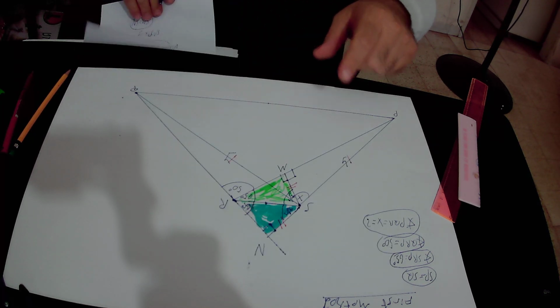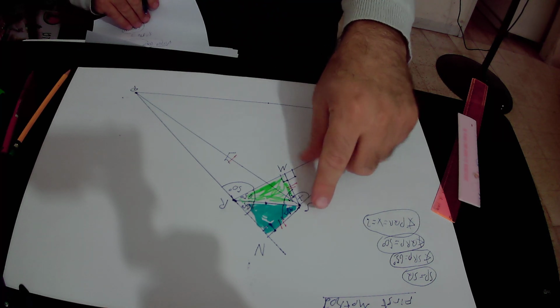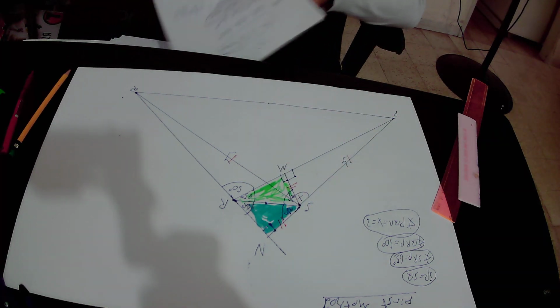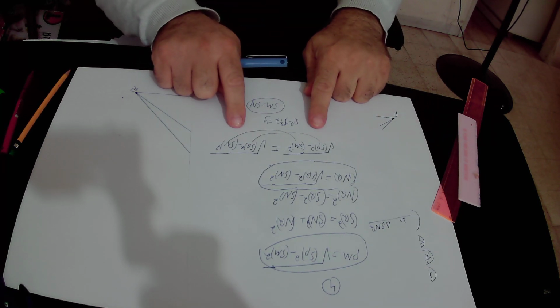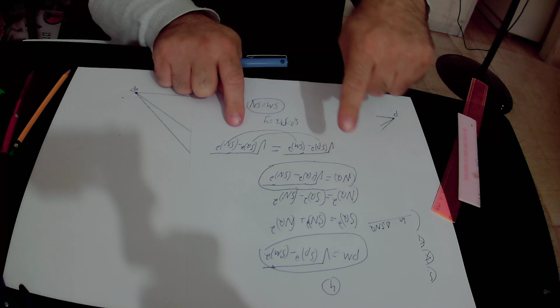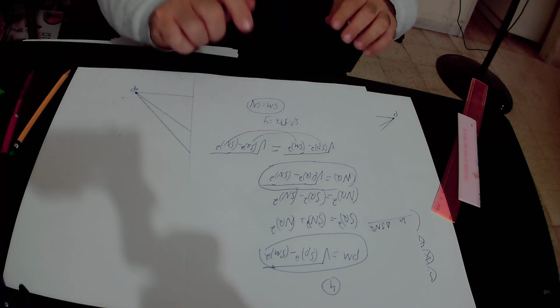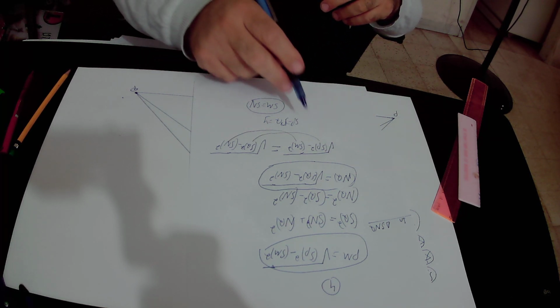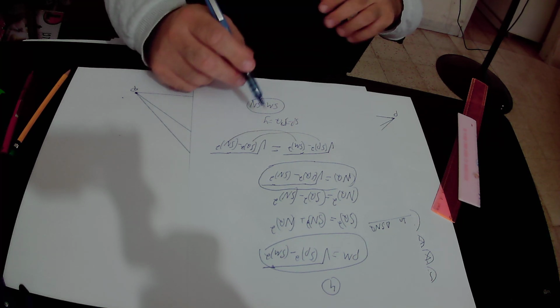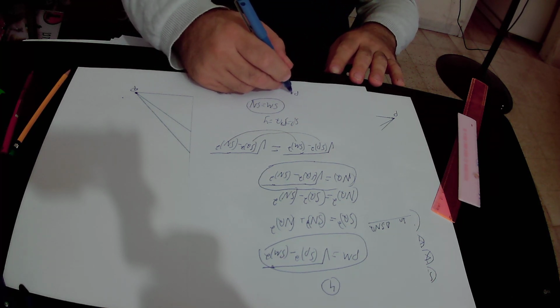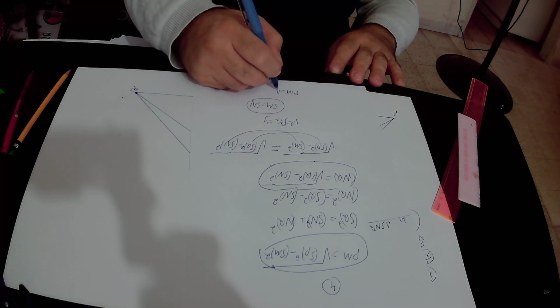According to what we have already proved, SM equals SN. So those two expressions are equal to each other. Therefore PM equals NQ. This is PM that equals this expression that equals NQ. So PM equals NQ.